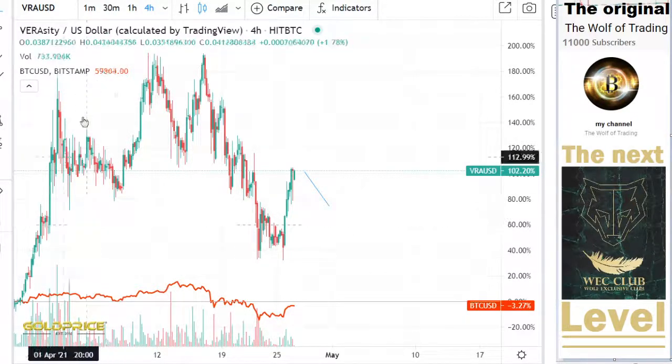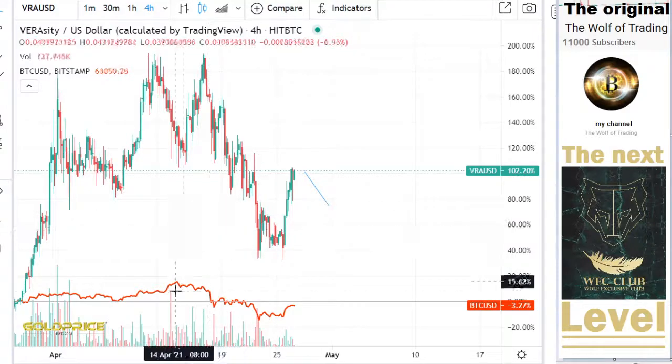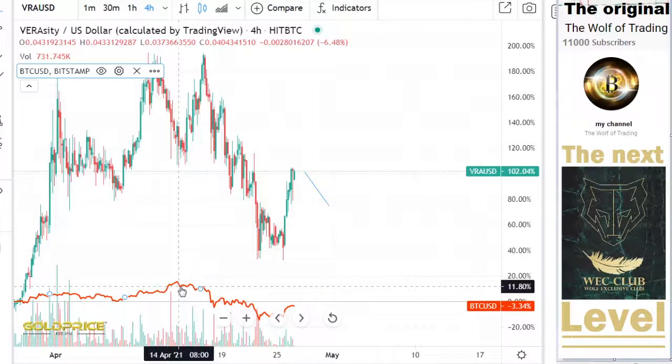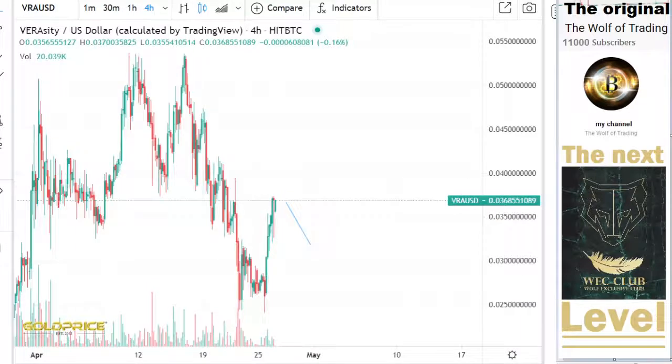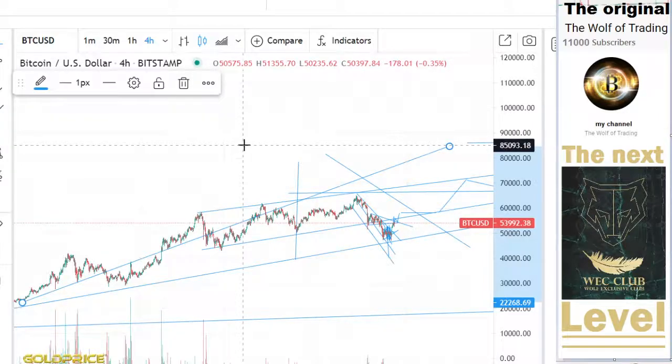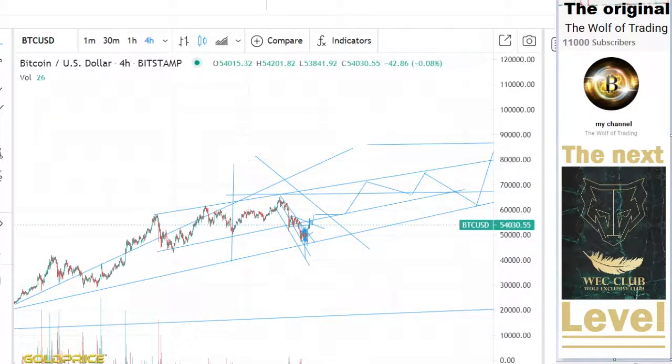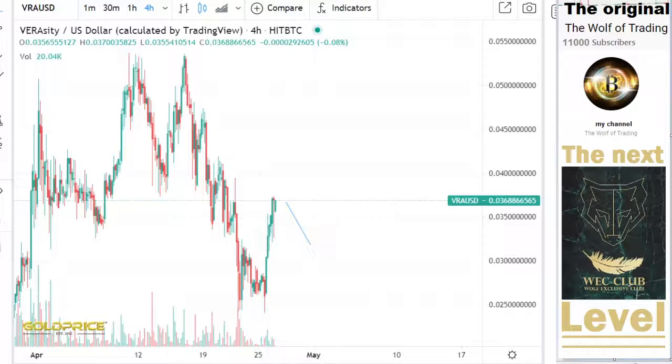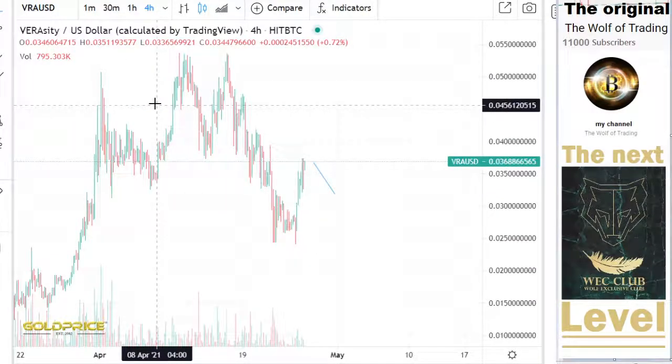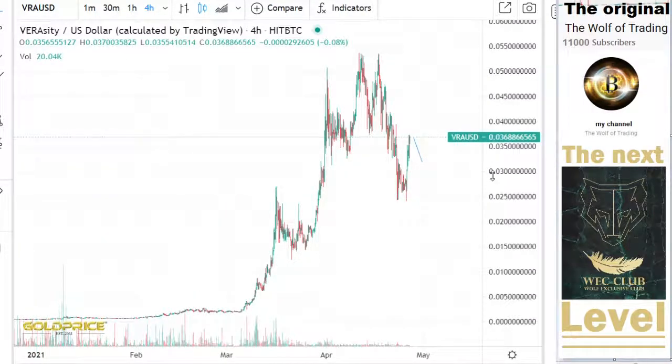Bitcoin goes sideways and the price of Verasity is very big. But don't worry, we can look at this level here, and you can see if we compare Verasity with Bitcoin at some points.